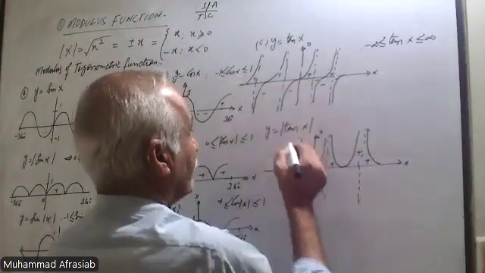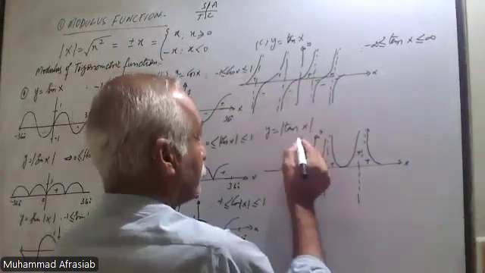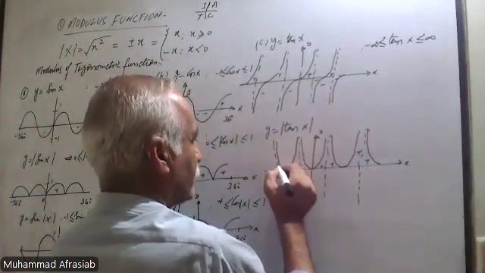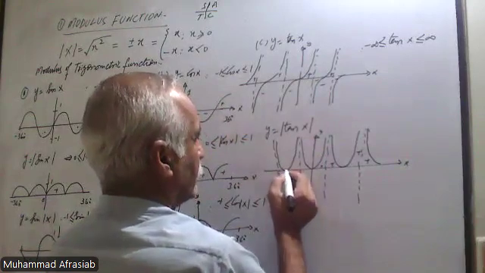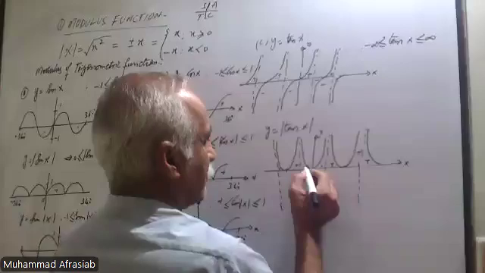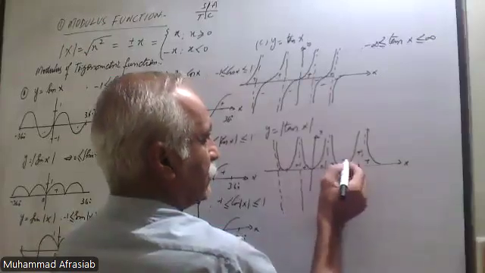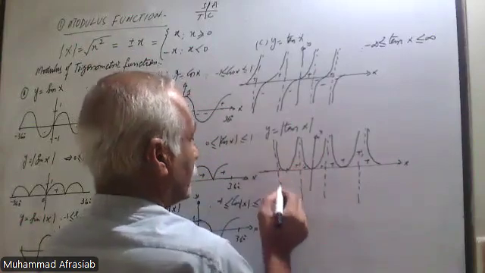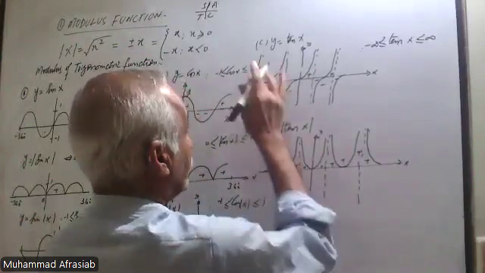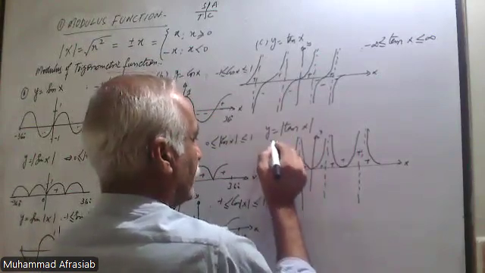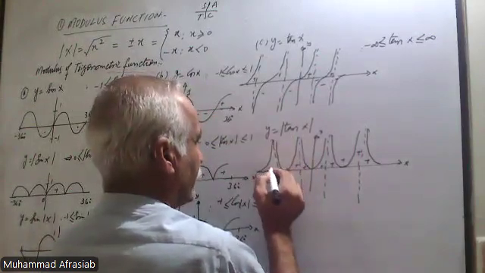Negative parts become positive, and the last part of this graph, which is negative, will become positive too.